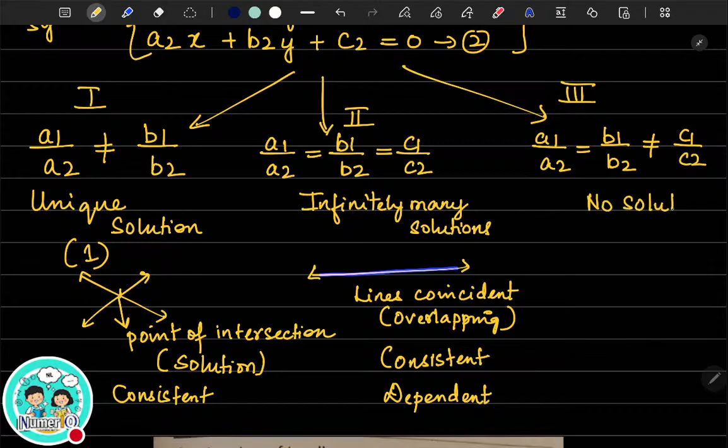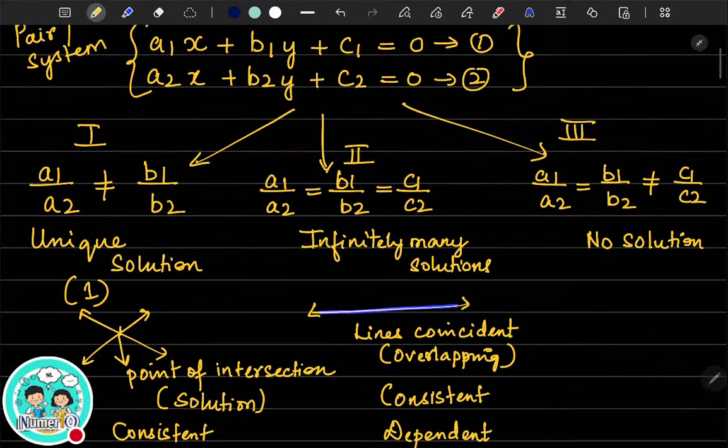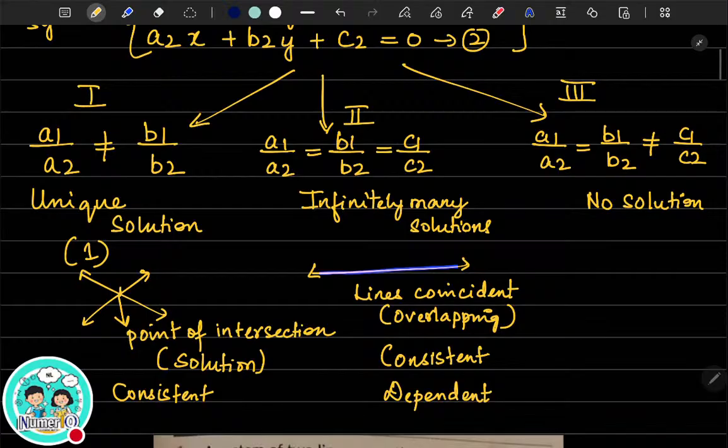There is no value of x and y which will satisfy both the given pair of linear equations. And the lines are parallel to each other. No solution at all, and if it has no solution, then the system is called an inconsistent system.